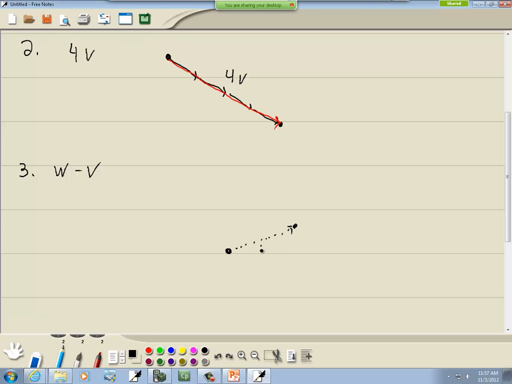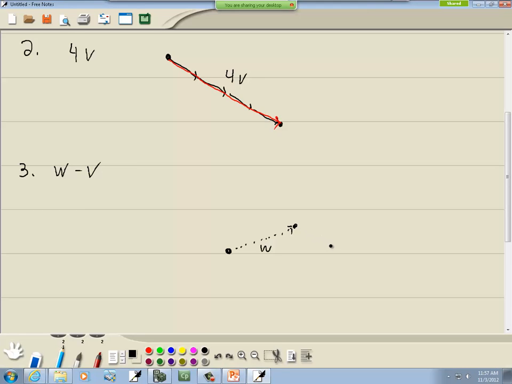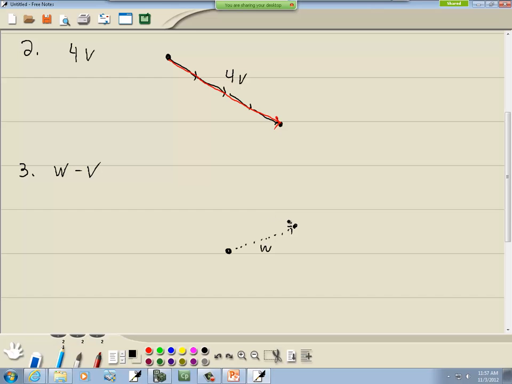And that's our W. Now minus V. Well, V would be from that point where we ended off. V would be going down like that distance. Since it's a minus, we go in the other direction. So we're going this way. Like that. That's our minus V.